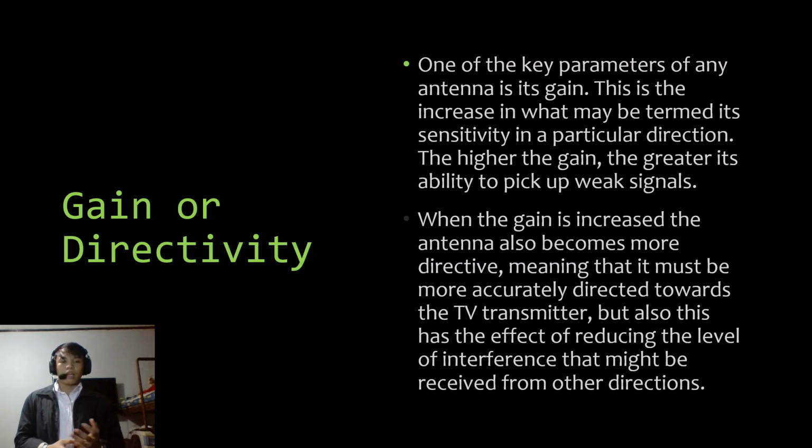So the higher the gain, the higher its ability to pick up weak signals. When the gain is increased, the antenna also becomes more directive, meaning that it must be more accurately directed towards the TV transmitter. But this also has the effect of reducing the level of interference that might be received from the other directions.